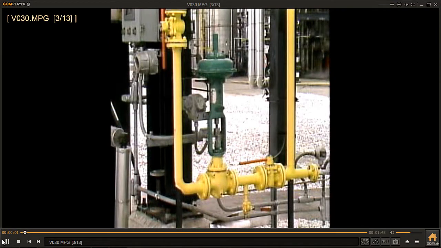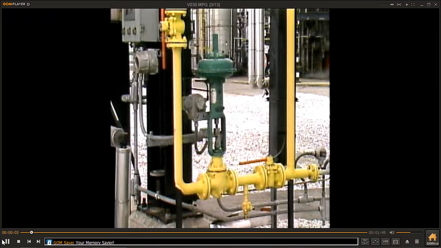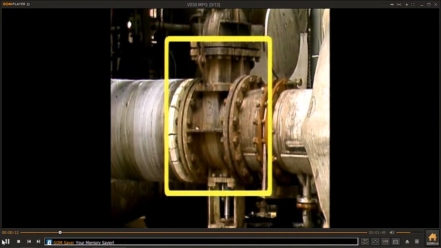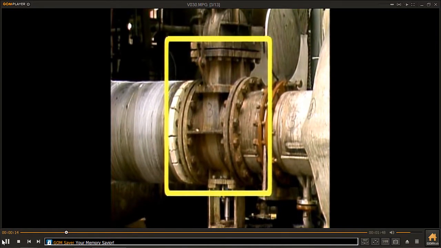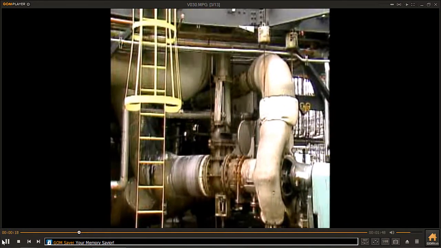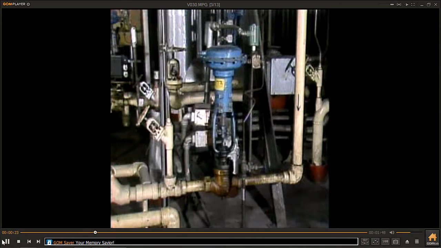Generally, actuators are used with valves that are designed for throttling or regulating flow. Valves that are used to automatically throttle flow are generally referred to as control valves. However, some on-off or isolation valves may also require actuators. Although these isolation valves may require actuators, they're not commonly referred to as control valves.